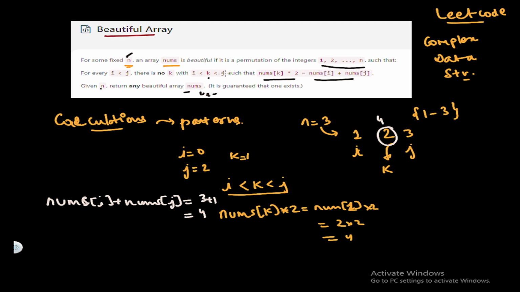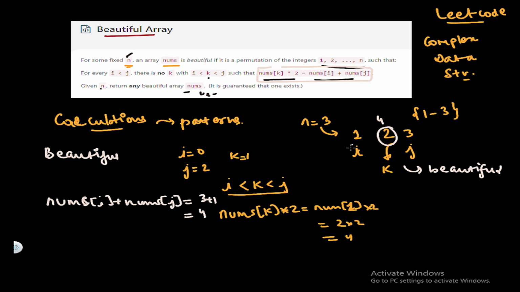The condition holds, and it should not hold. So this array would not be a beautiful array. We want to generate a combination which we can say is a beautiful array. This is what the question demands.